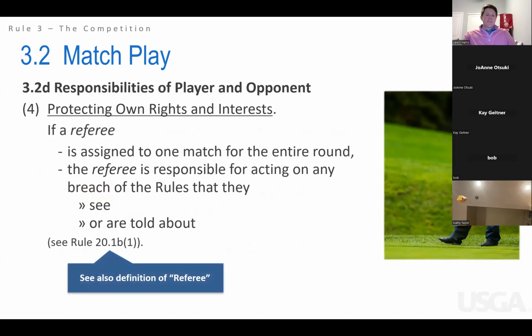If we have a referee assigned to our match, that referee is going to be responsible for acting on any breach of the rules that they either see or are told about. So when we have a referee brought into our match, there's kind of this third party that now has some interest in your match and has the ability to kind of oversee what the 2 players might not.